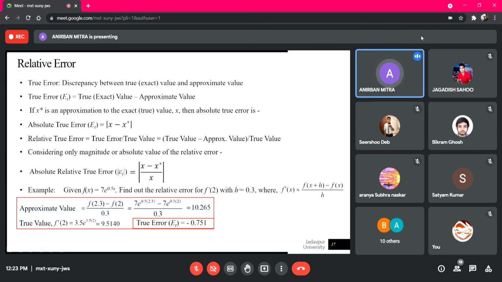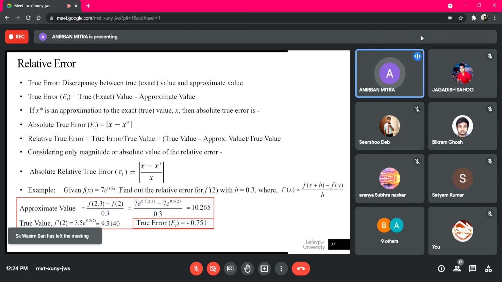So approximate value we had already calculated in the previous slide. True value we have already calculated in the previous slide. So these are taken directly from there. So what was the true error? The true error also we had calculated previously. This was minus 0.751.